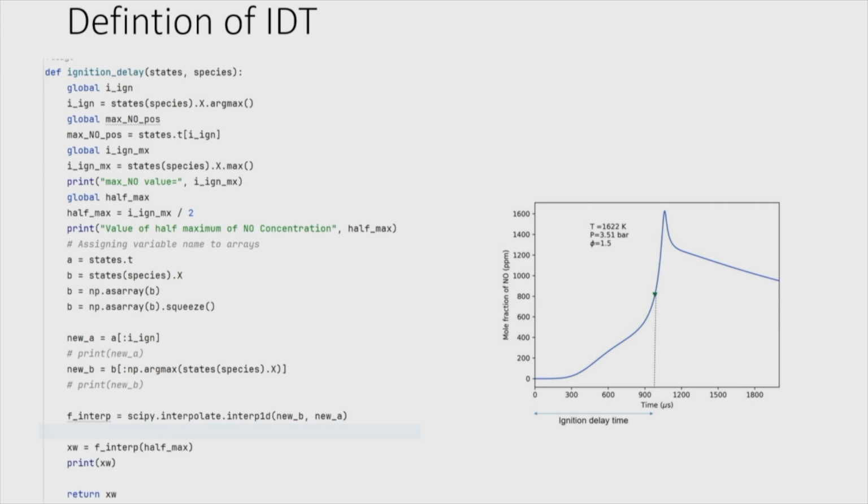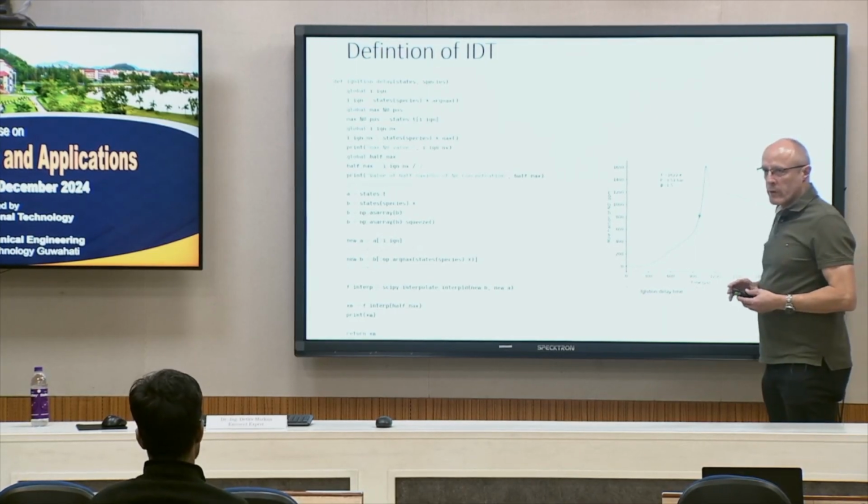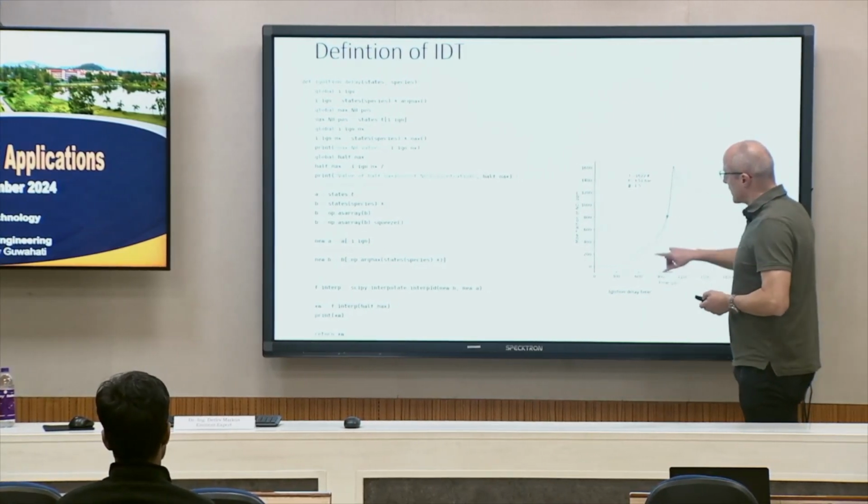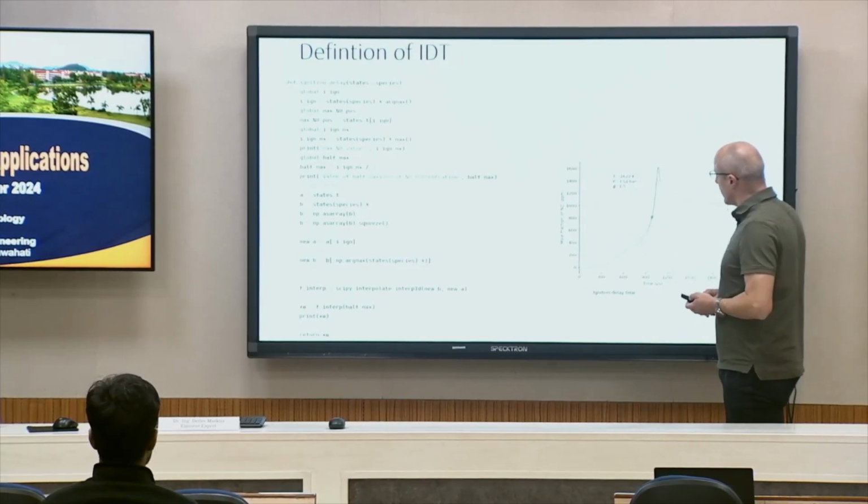And I have a different function here, that was the main work, because in the literature the ignition delay time was defined as 50% of the maximum. And so we have to use the same criteria in our calculations.